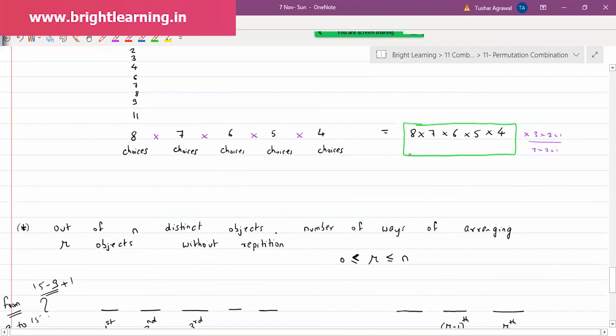No, that won't make any difference. So I can write it in a good looking format as 8 7 6 5 4, and when I complete that number down to 1, I can write it using the symbol 8 factorial. And at the bottom it will be 3 to 1, which is 3 factorial. This is a little bit good looking, a little bit less scary.